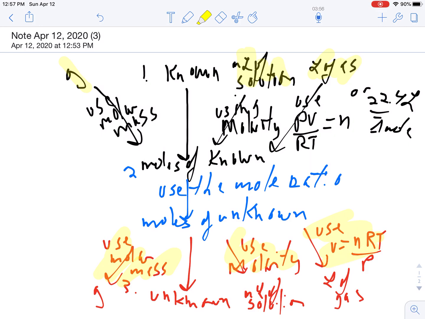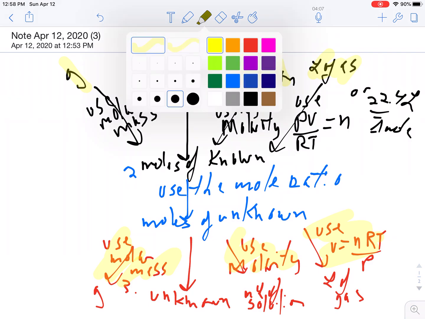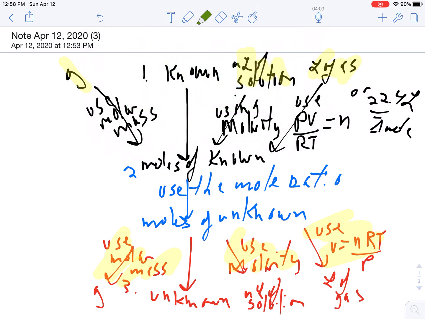Okay? So it may seem like the problem is different, but in reality, the same 3 steps occur. You go from your known to moles of known, to moles of unknown, and then to your unknown.